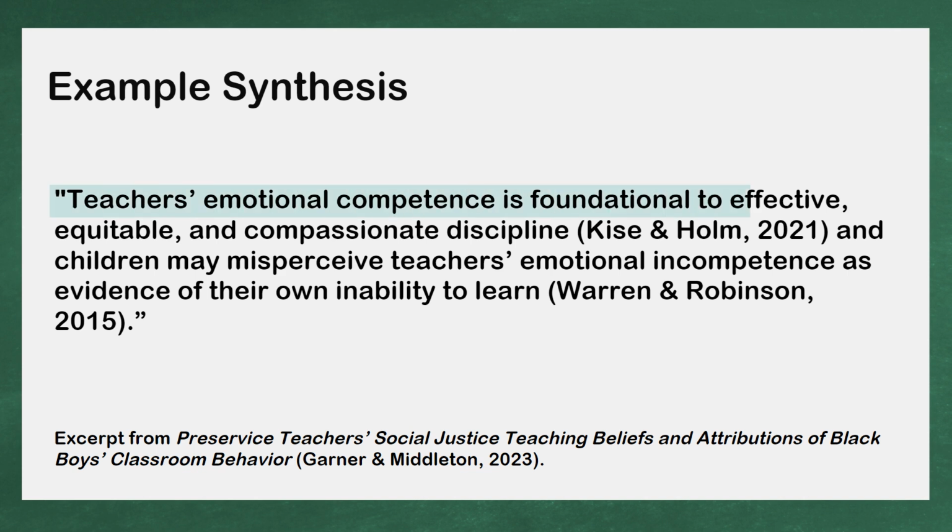The authors cite Kais and Home to support their argument that teachers' emotional competence is foundational to effective, equitable, and compassionate discipline, and build on their argument by citing Warren and Robinson, who argue children may misperceive teachers' emotional incompetence as evidence of their own inability to learn. By connecting these ideas, Garner and Middleton illustrate the importance of a teacher's emotional competence in both classroom management and a child's confidence in their ability to learn.